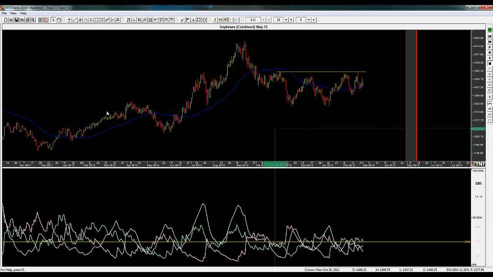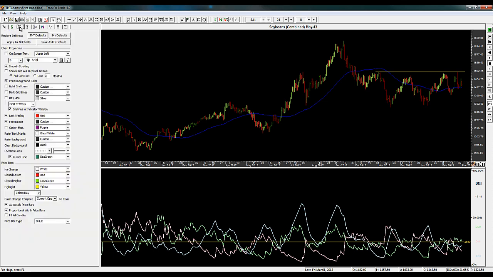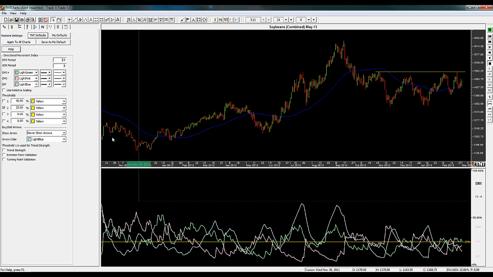DMI, well, here, let's bring open the DMI window so that you can see the different settings on it. Here on DMI, we have what they call DMI Positive and DMI Negative. And those are represented by these green lines and red lines on the indicator.